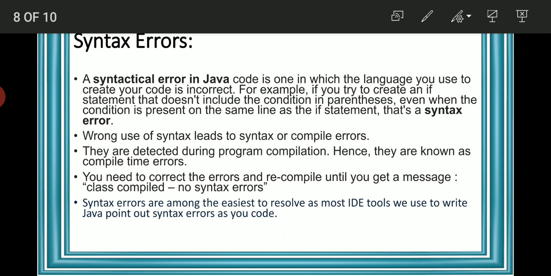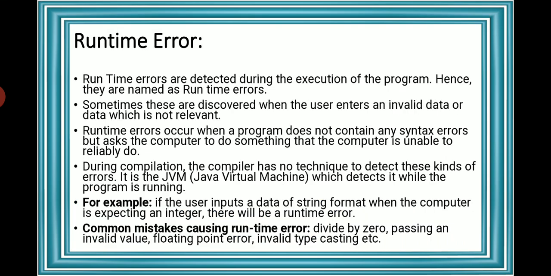Next thing is runtime error. Again, from the name only you can make out runtime. So they are detected at the time of program running. When the program is actually executing, that is when they are found. Now what kind of errors can come when the program is running?